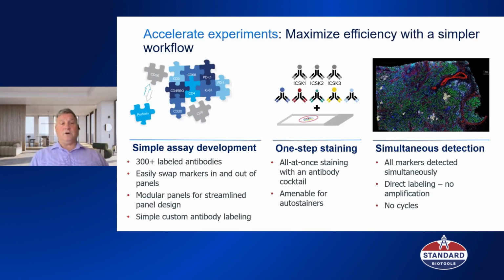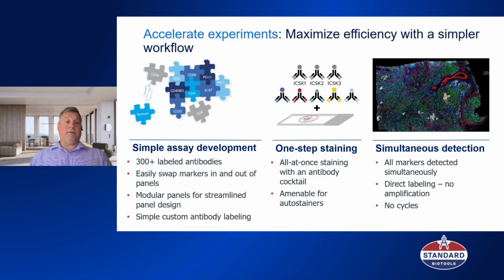Because imaging mass cytometry uses metal-labeled primary antibodies, it makes it really easy to develop your assay. Once you have an antibody with a metal label on it that you know works, that you've figured out the titration for, you can mix and match that with any other technologies, any other metals and antibodies that you want. We have over 300 labeled antibodies right now that are validated.